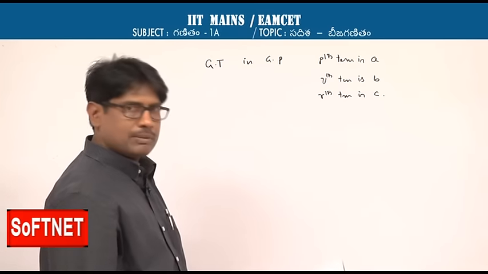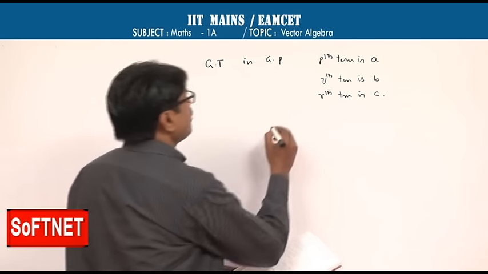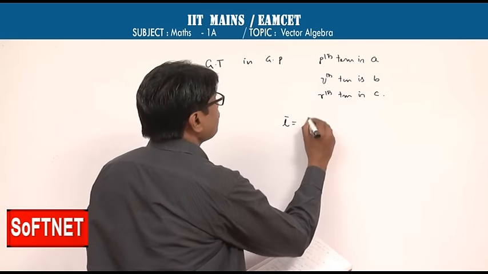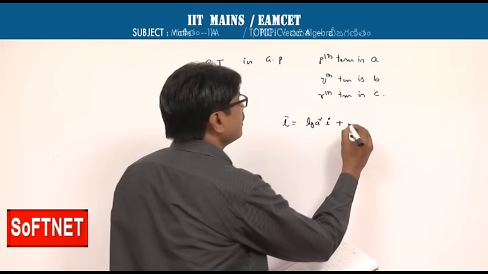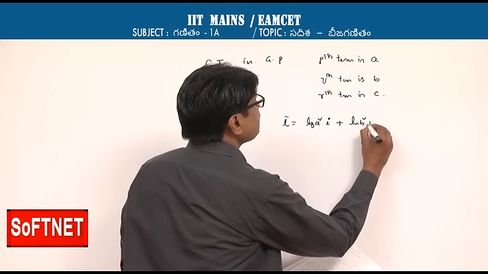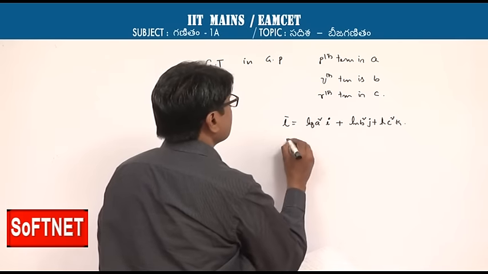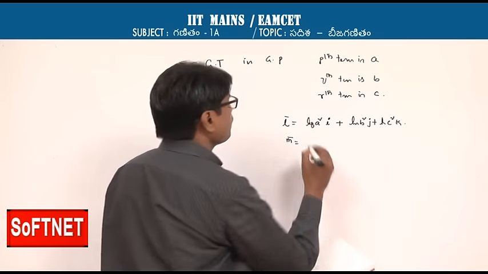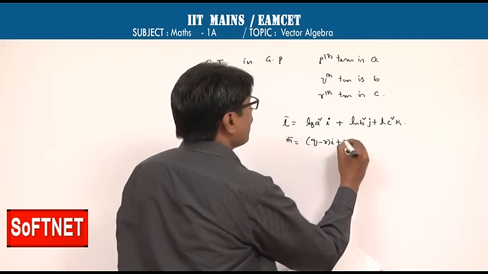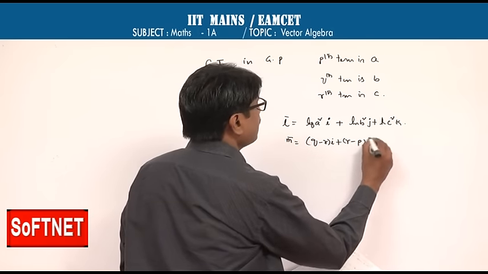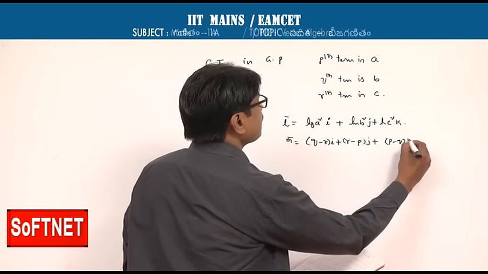Then find the angle between the two vectors, and if I represent the vectors as l bar is equal to log of a square times i bar plus log of b square times j bar plus log of c square times k bar, and m bar is equal to q minus r times i bar plus r minus p times j bar plus p minus q times k bar.